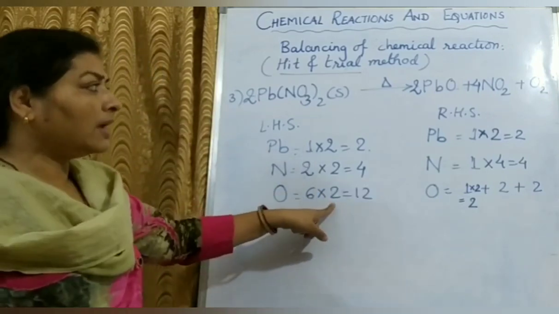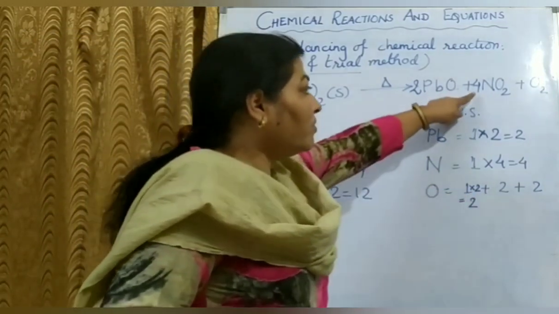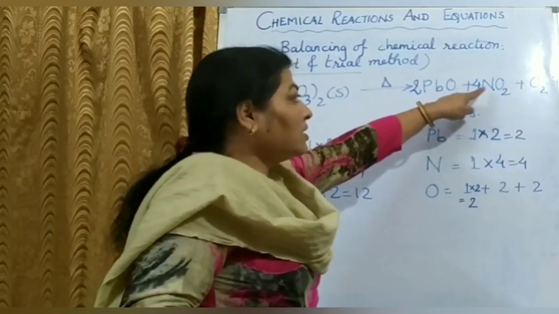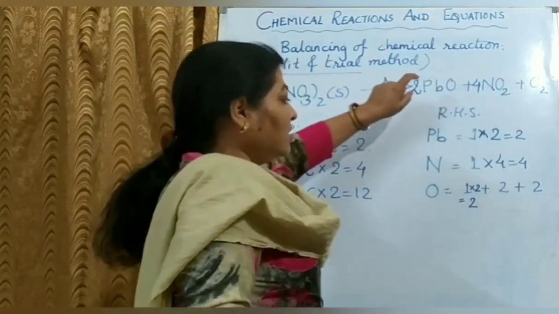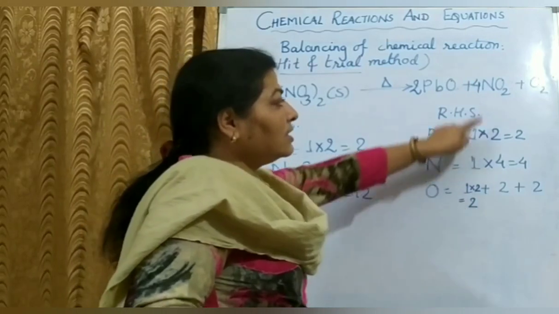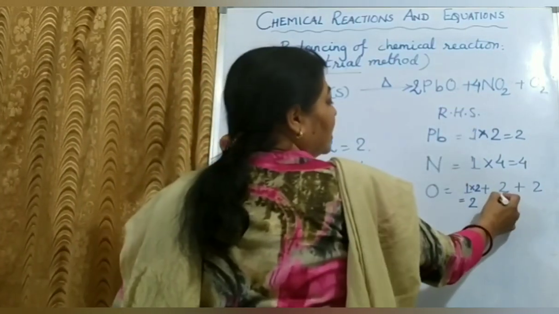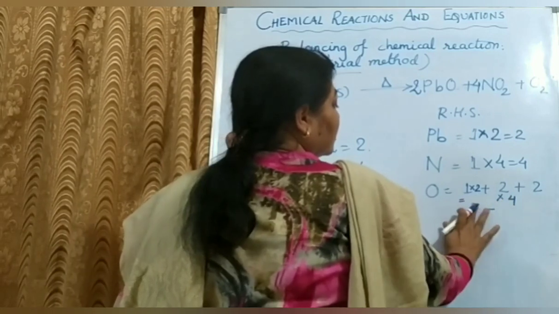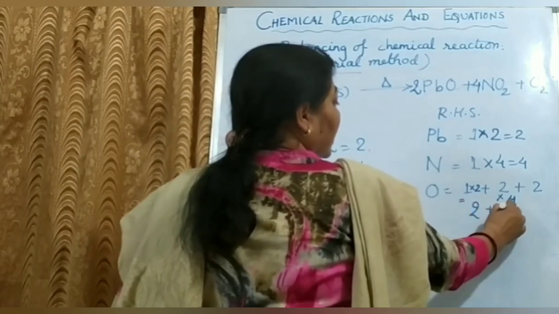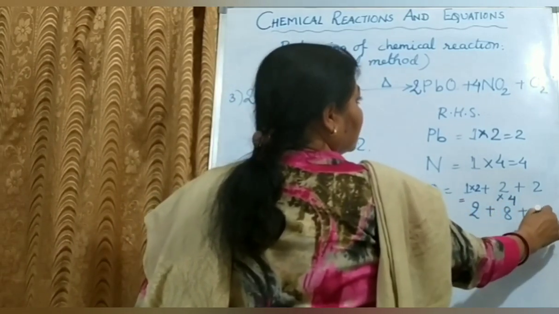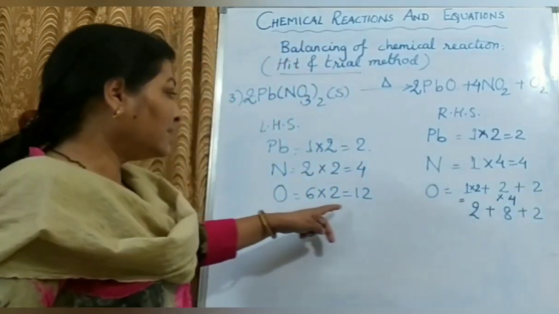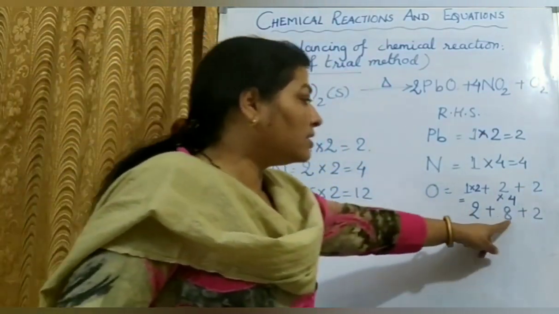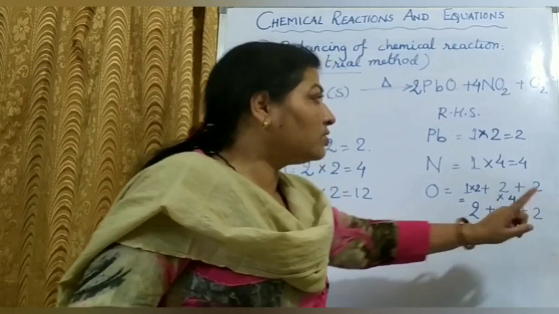Now when I put 4 in front of nitrogen, the second oxygen got changed. It became multiplied by 4, so it becomes 8 and 2 as it is. So 6 2s is 12, this is 8 plus 2 is 10, 10 plus 2 is 12.